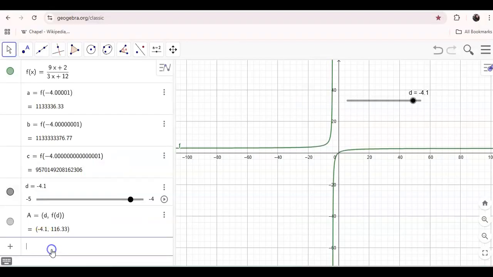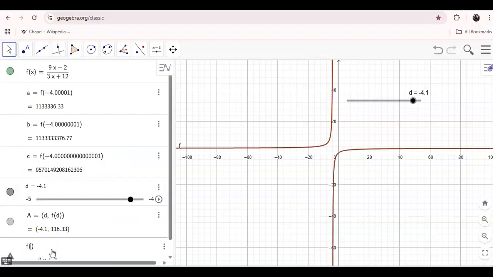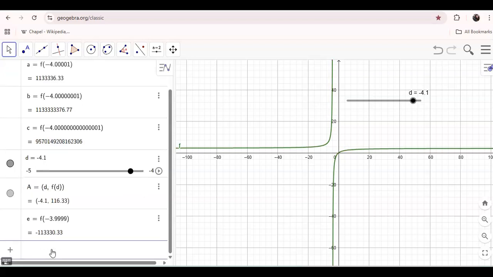Alright, so we simply type here in our algebra pane f of -3.9999. Okay, it's a negative number, a big negative number, and then another value of x that is very close to -4 from the right.